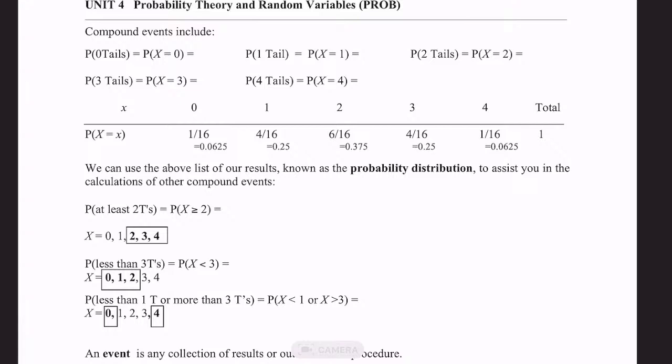Well, let's figure out the probabilities of those events. So notice how I write it. The probability of 0 tails can be written as, so I've defined X. So I'm using X as the variable, but I continue to define it as different things, okay?